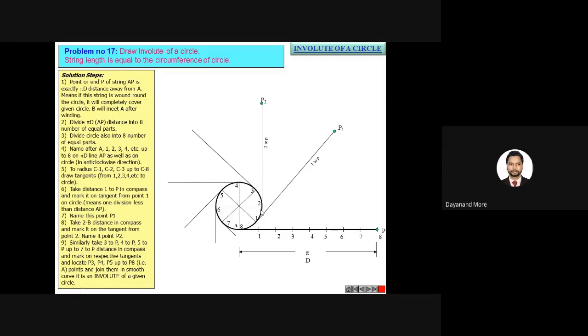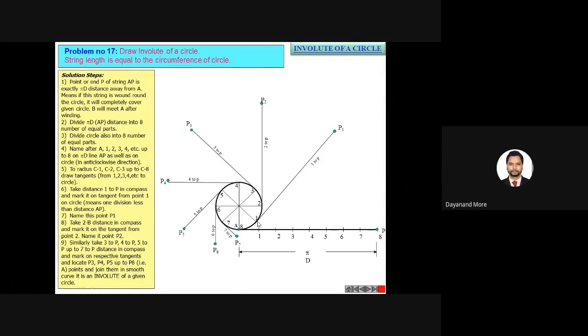Put one end of the compass at point 2. Cut the line tangent at point P2. Then 3 to P. Then 4 to P. Then 5 to P. Then 6 to P. Then 7 to P. In this way, we will mark all the points on the respective tangents.